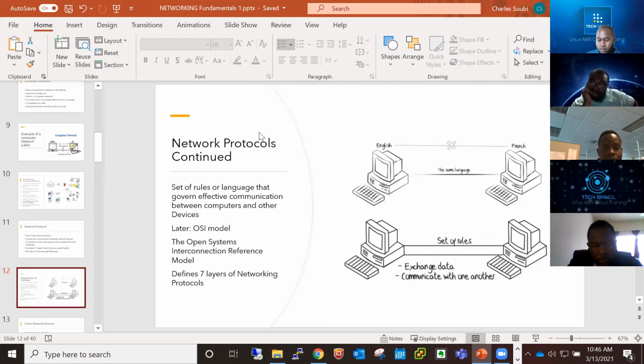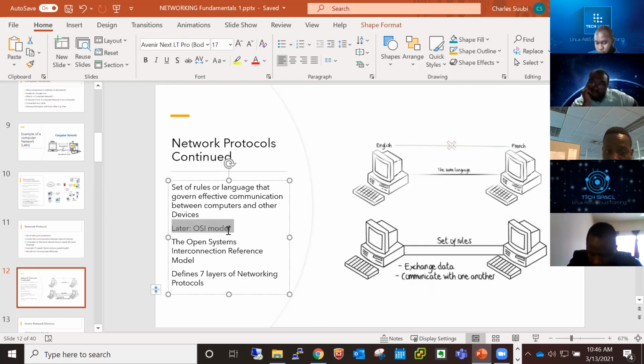So network protocols are a set of rules or language that govern effective communication between devices. Later on, we're going to talk about the OSI model, which is the Open Systems Interconnection Reference Model.